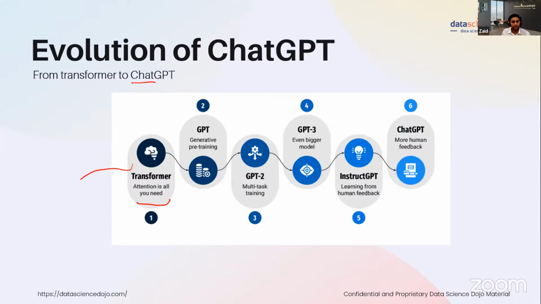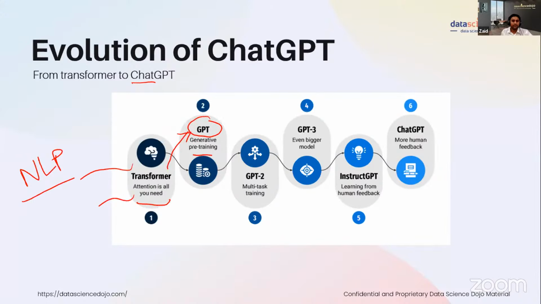When this paper was published, the whole domain of NLP was changed. Transformers had an encoder and decoder architecture, but there were a few implications that were implemented in the transformer architecture that created a generative pre-trained model. After this transformer, this was the discovery of GPT.